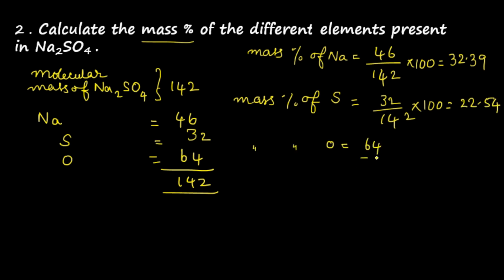That of oxygen will be 64 upon 142 into 100. That will be equal to 45.07. So that means 100 grams of sodium sulfate will contain 32.39 grams of sodium, 22.54 grams of sulfur and 45.07 grams of oxygen.